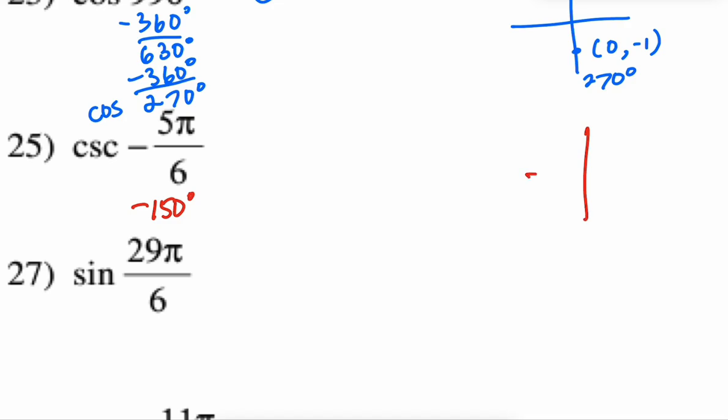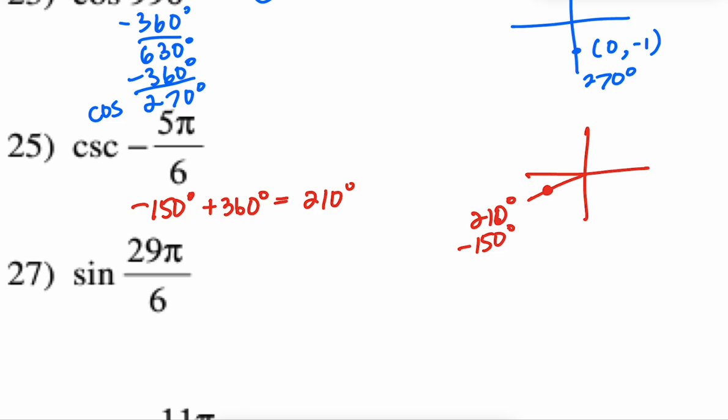If you go to negative 150, you're really going backwards 150. You do end up right there. To prove that to you, you can always add 360 to a negative value and get where you want. That is 210. So however you slice it, we do end up at the 210 mark because that's equivalent to negative 150. It doesn't matter how you do that. That's what negative 5 pi over 6 is really.